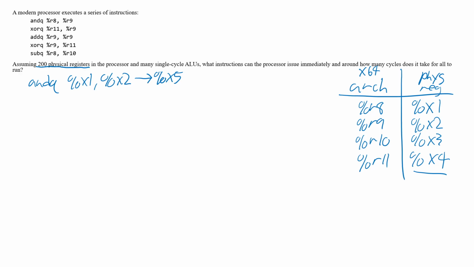This allows us to snapshot the architectural register, for example in this case R9, at different stages in the processor's execution. So here, our R9 is saved in X5, because in the original, R9 gets modified anyway. It gets ANDed with R8.